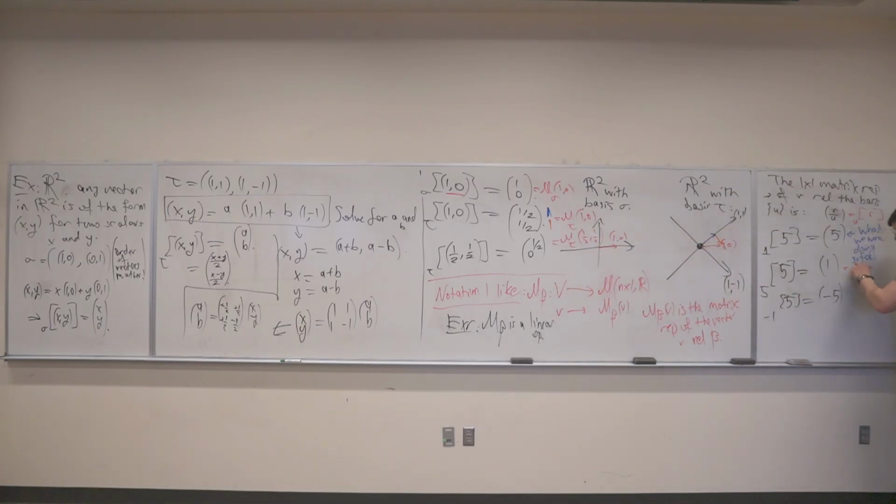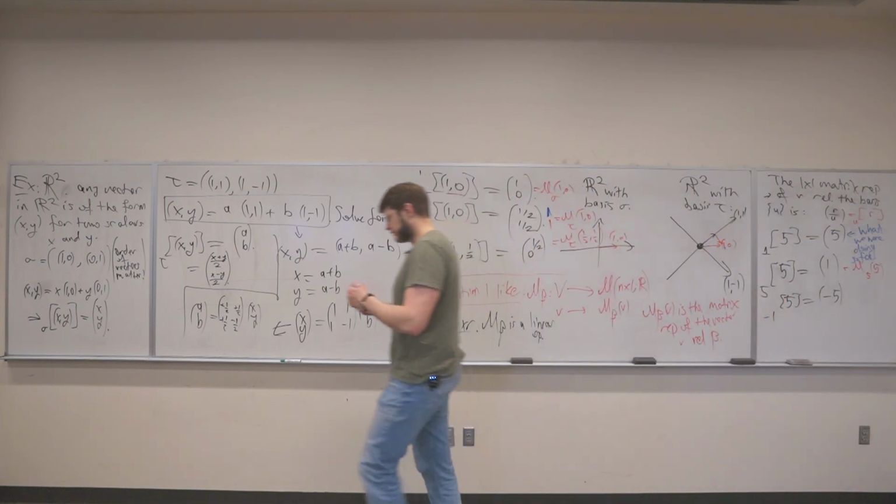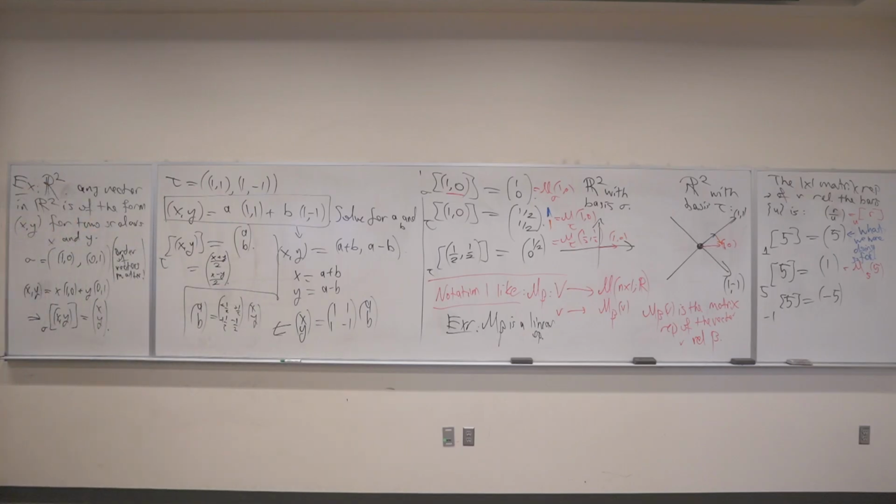For instance, this is M sub 5 of 5, and so on. Matrix of this relative to that other thing. Any comments or questions so far?